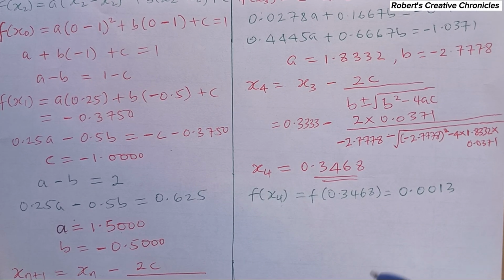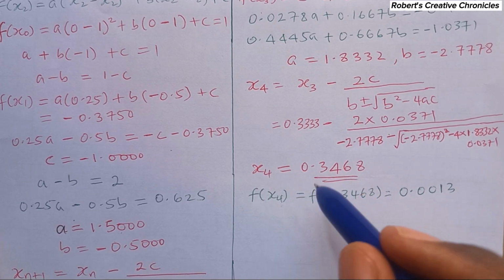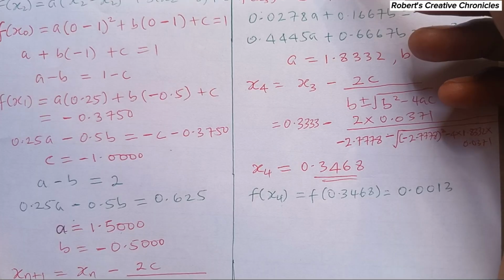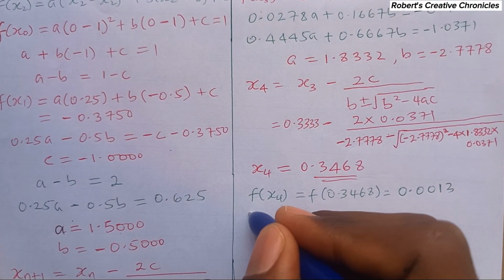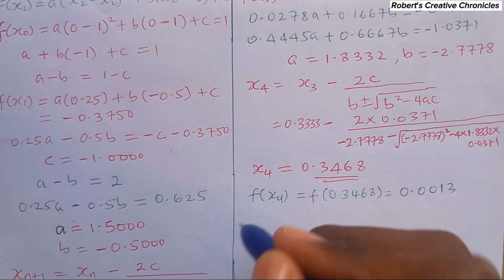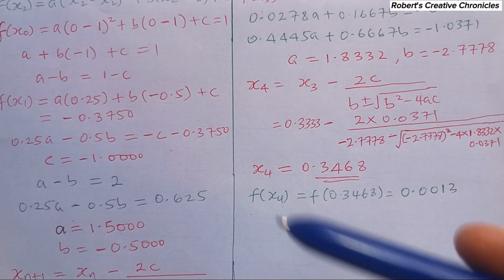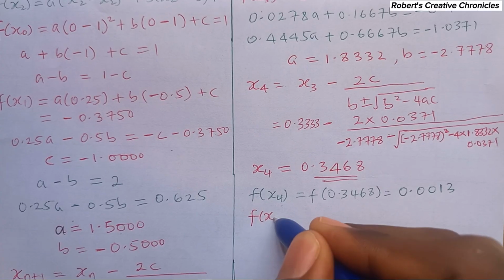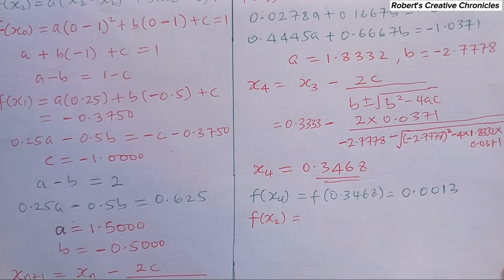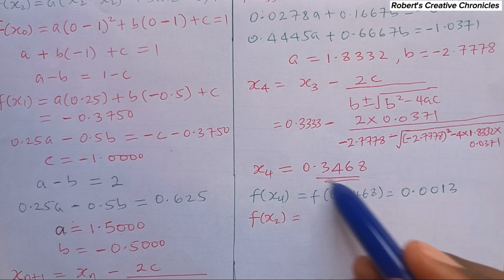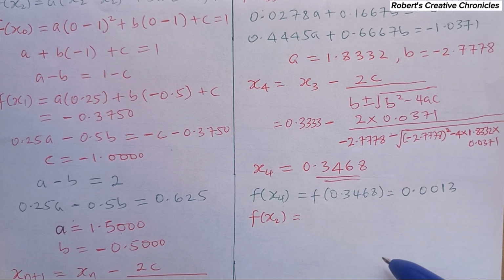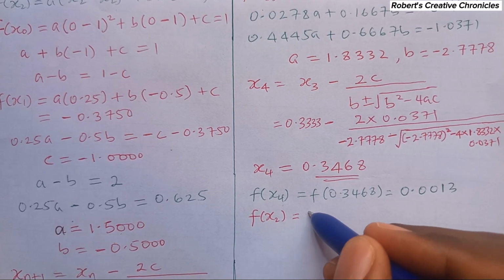So in the same way, we will start with what? Here we started with fx1. So now it's fx2 we are going to start with. So now fx2 will be equals to what? This x4 now will be the one we are going to use. So it will be x2, it will be a.